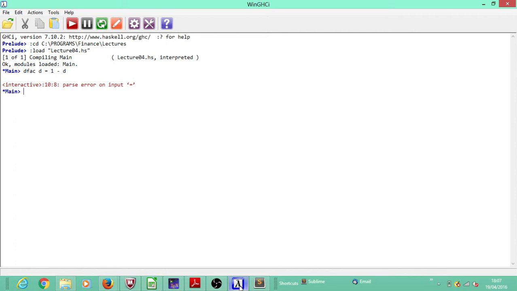Then we have let abate k do y equals y times k to the power of do. Remember that the double star is exponentiation.